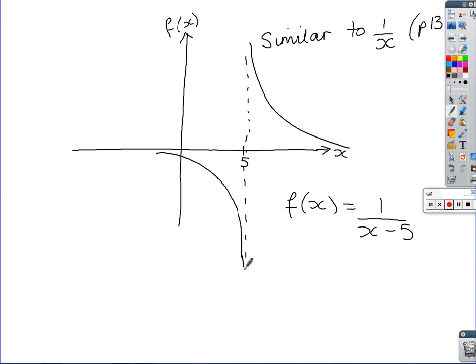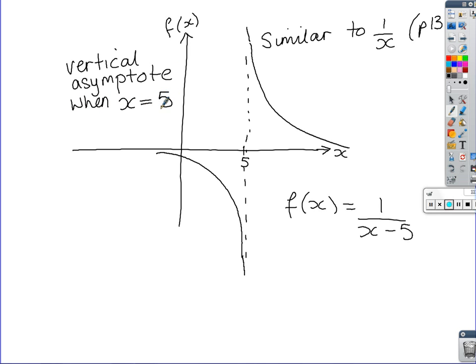Here it gets closer and closer to 5, but doesn't actually touch x equals 5. That's a vertical asymptote. When x equals 5, x equals 5 is the equation of the vertical asymptote.